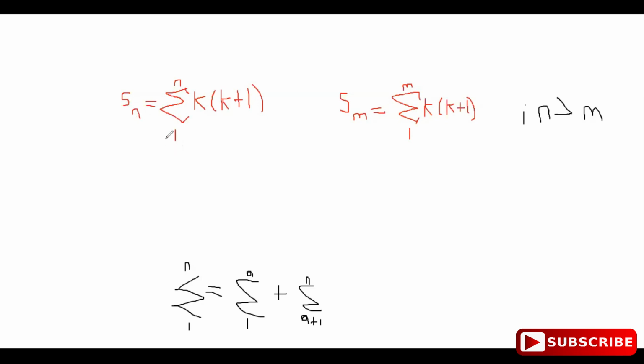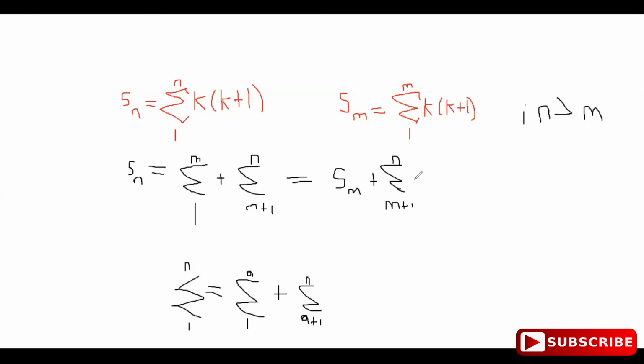So right here, Sn, which is the sum from 1 to n, is going to be equal to the sum from 1 to m plus the sum from m plus 1 to n. Now the sum from 1 to m is Sm. And so Sn is equal to Sm plus the sum from m plus 1 to n.